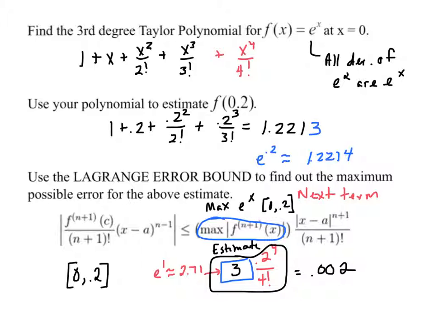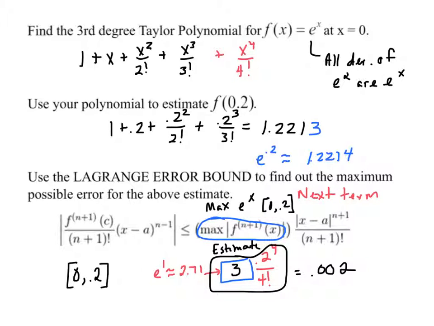Remember, the bound says I'm not more than 0.002 away. It's an upper bound. Hopefully your estimate is even closer, and ours was. And that's why we can kind of do this, let's just estimate. Sometimes you do this with trig functions. That's easy because a trig function will never be bigger than 1. Otherwise, you just make a large value that's a multiplier.